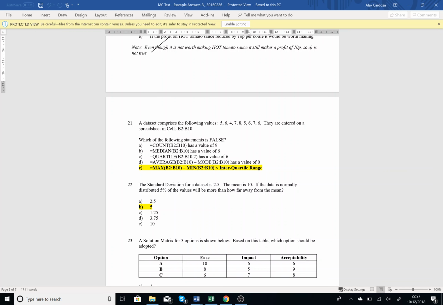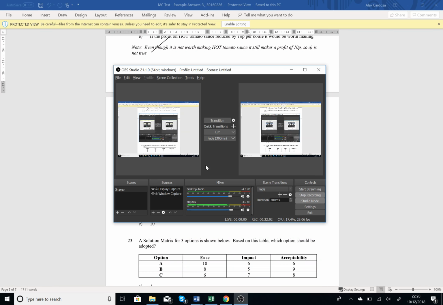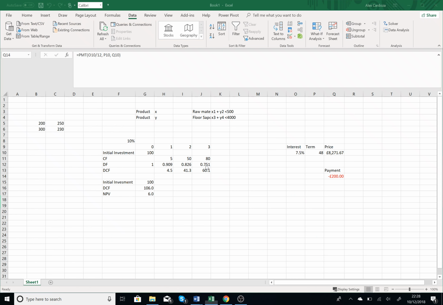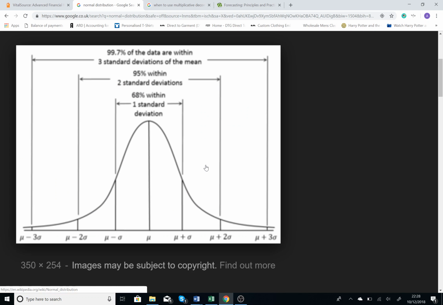So when they ask you, 95% of your data is within 2 standard deviations. So if they're asking you 5% of the values will be more than how far away from the mean, they would be more than 2 times away from the mean, because 95% of standard deviation is within 2 standard deviations of your mean.